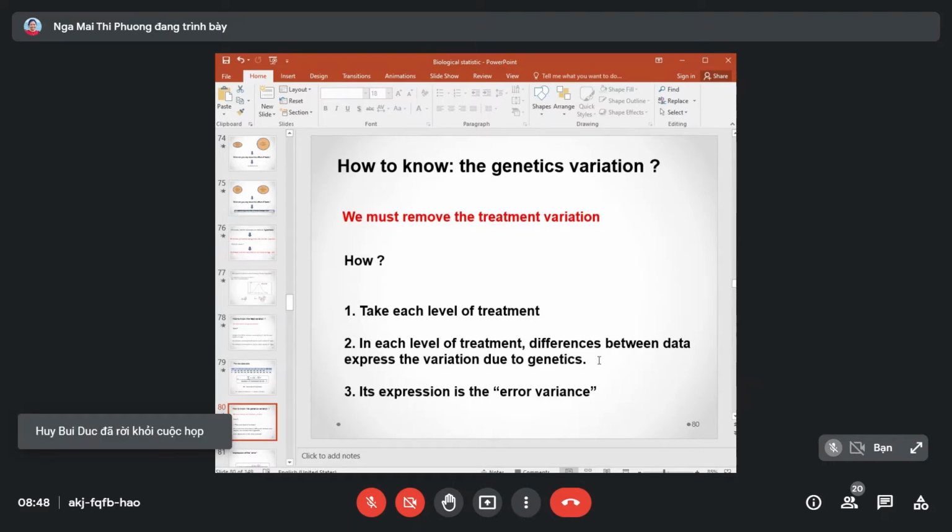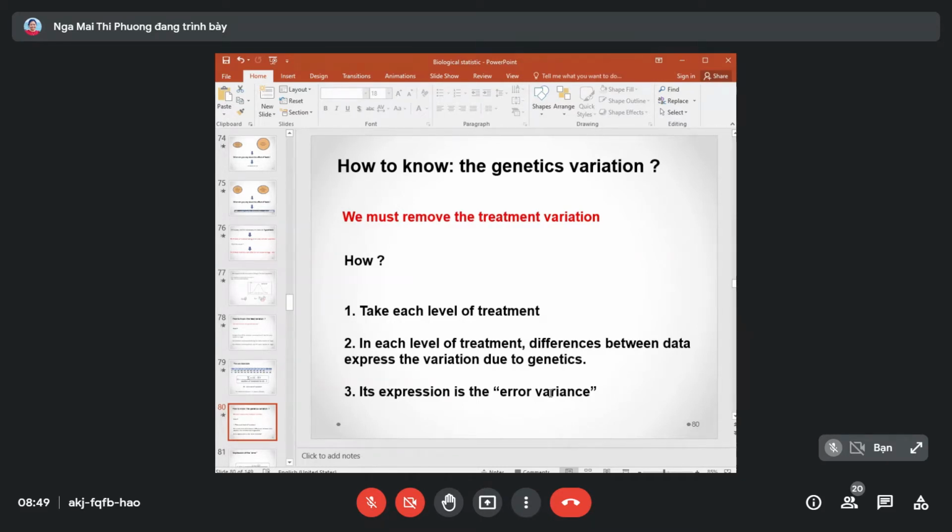They must give different numbers of eggs. It's because of the genetic variation in the chickens, even though they receive the same feed A, B, and C. You see in the data set, each chicken gives a different number of eggs. And this genetic variation, when expressed as a value, is the error variance.